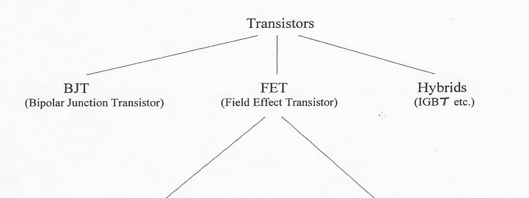There is sort of a hybrid device that kind of combines the two. An insulated gate BJT, or an IGBT, is really like an FET controlling a BJT, sort of. What you have is a gate and then a collector and an emitter.